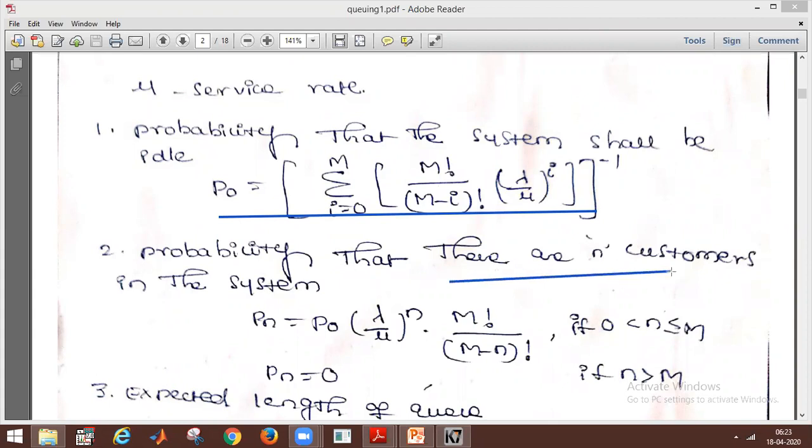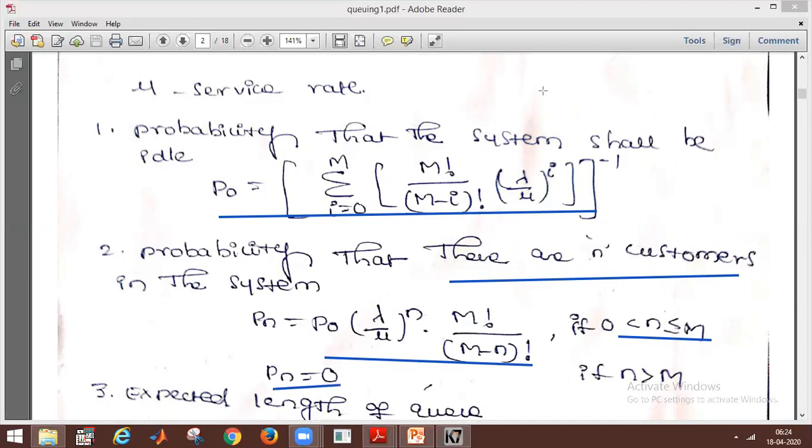The second formula is the probability of n customers. Two cases arise: for 0 less than n less than or equal to M, Pn is defined as above, and for n greater than M, it is simply written as 0.